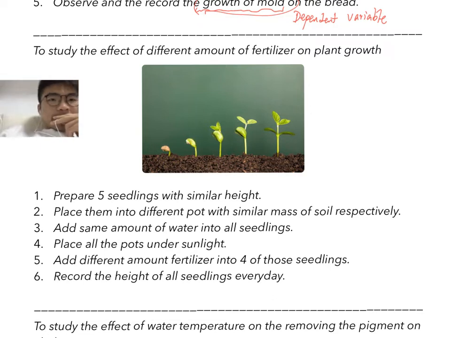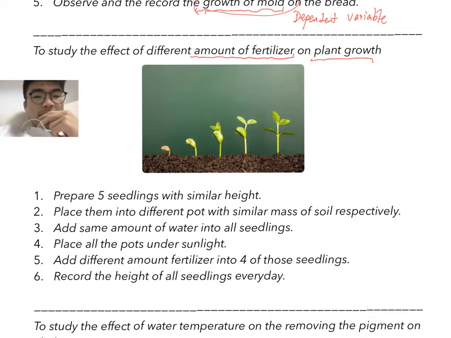How about another one? This time we're going to study the effect of different amounts of fertilizer. Fertilizer is something you use to support the growth of plants. Besides water and sunlight, you can also add some fertilizer, which can promote the growth of plants.